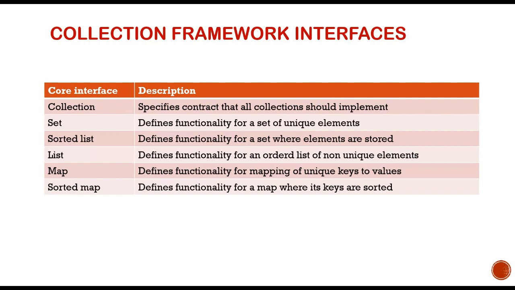Set defines a functionality for a set of unique elements. Sorted set defines a functionality for a set where elements are sorted. List defines a functionality for an ordered list of non-unique elements. Map defines a functionality for a mapping of unique keys to values. Sorted map defines a functionality for a map where its keys are sorted.